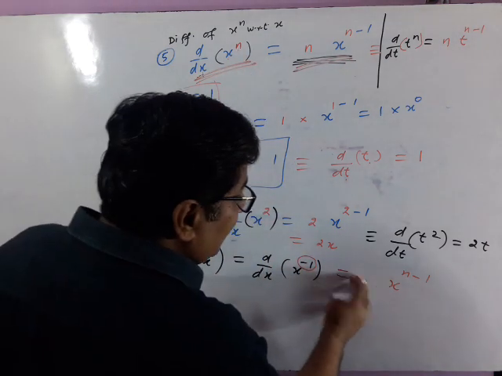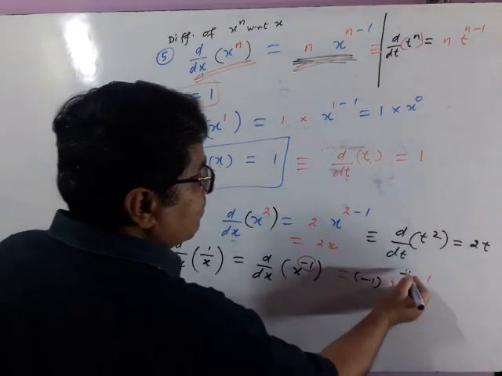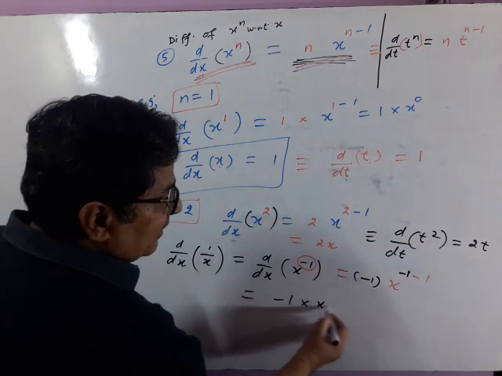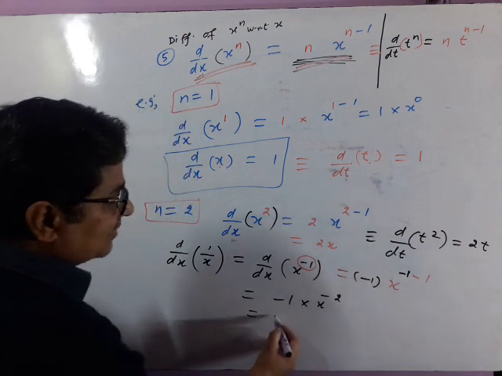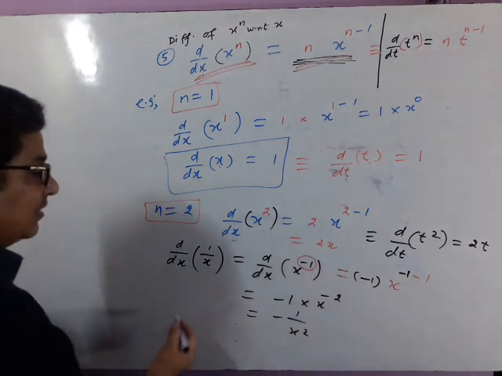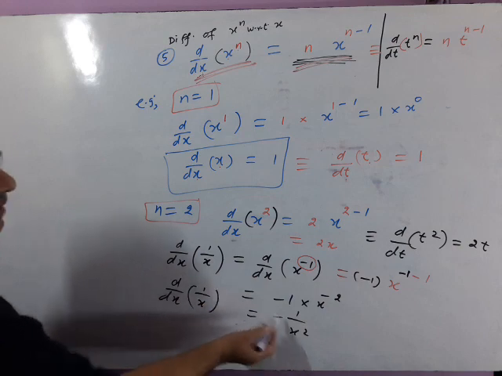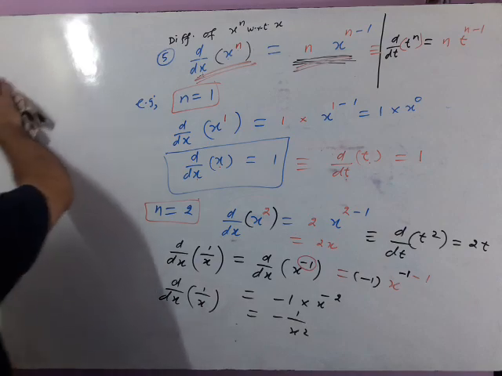So put minus 1 here in place of n, and here also minus 1. Now simplify: minus 1 into x raised to the power minus 1 minus 1, which is minus 2. So it can be written as minus 1 upon x square. So this is another formula: differentiation of 1 upon x is minus 1 by x square. This is step number 5.